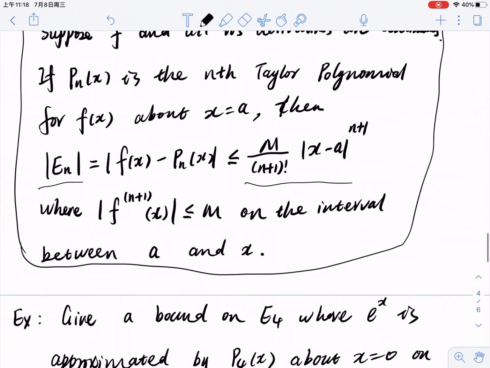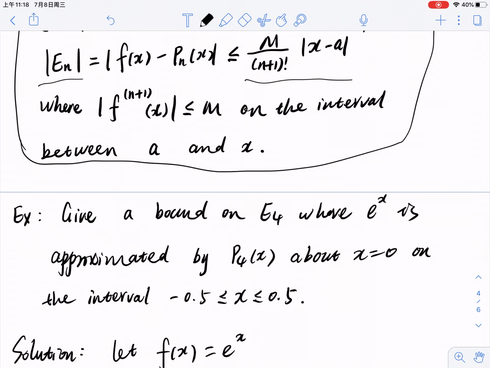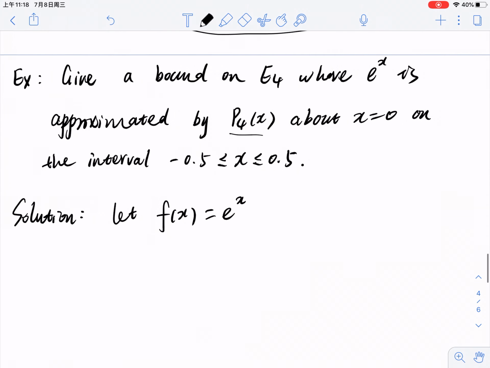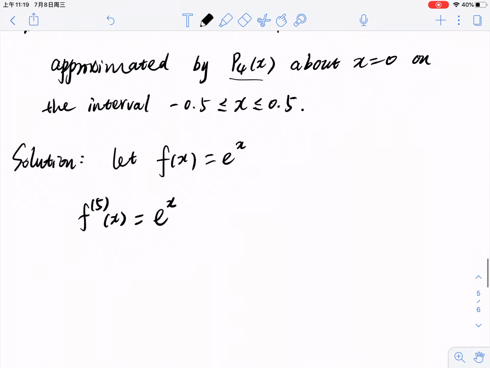We use the Lagrange error bound. Here n is 4, right? We approximate e^(2x) by P_4(x). So we need to find this M. To find M, we need the fifth derivative. We know the fifth derivative of e^(2x) is still itself, up to a constant.